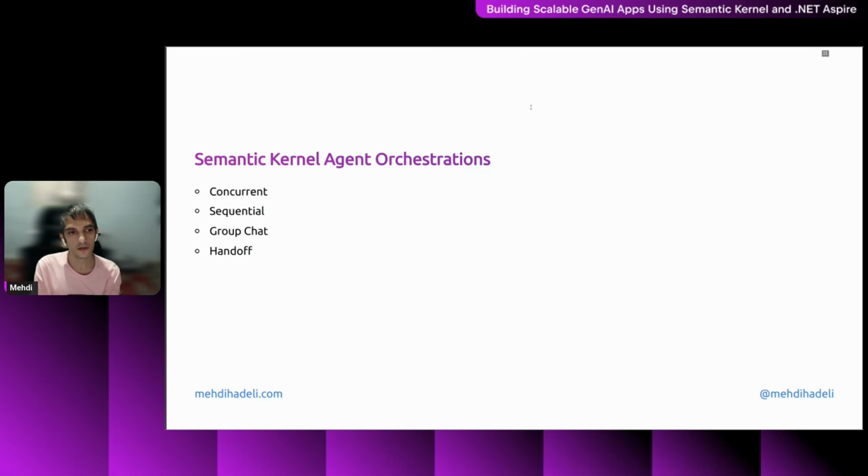We have another orchestration mode for agents. Its name is sequential. In the sequential mode, if we have different agents, we have a start and an end of the phase. We start with one of our agents, and when the task is completed by the first agent, it gathers the result and sends it to the next agent.